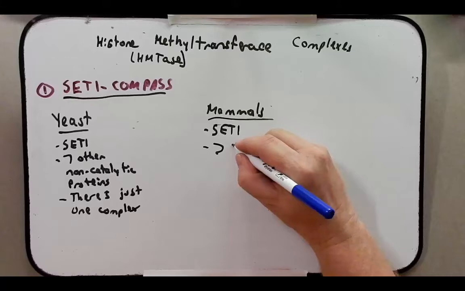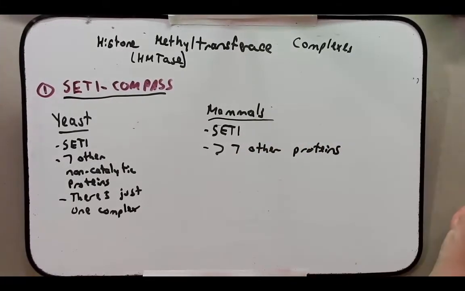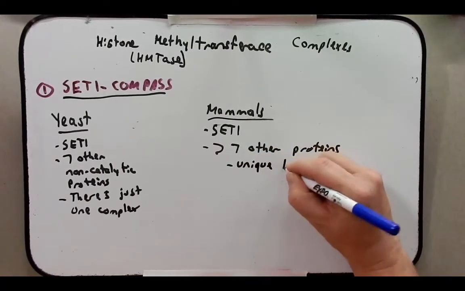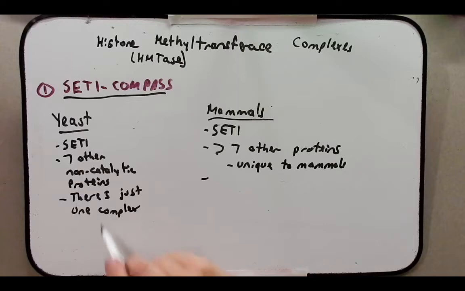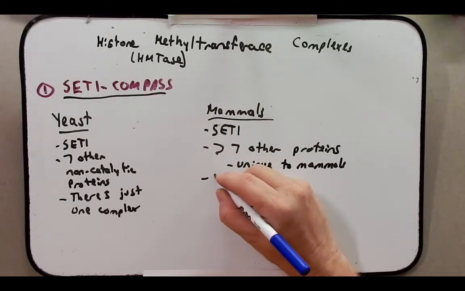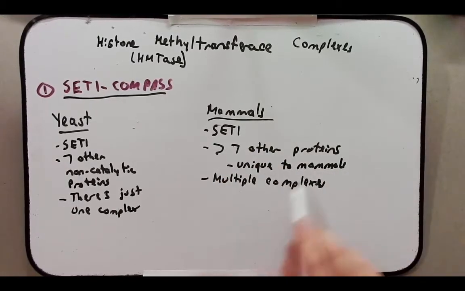They have more than 7 other non-catalytic proteins and a greater diversity. Within this group, there are some that are unique to mammals. Over here, we have just that one COMPASS complex. In mammals, we have multiple complexes with interchangeable parts to allow for increased specificity. And that's all you need to know about the Set1 COMPASS complexes.